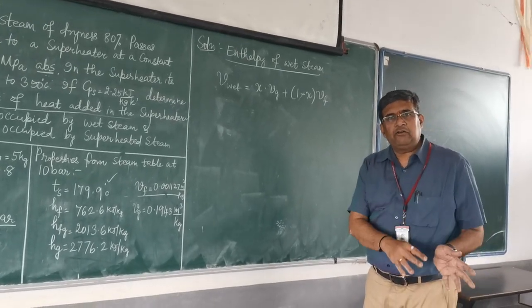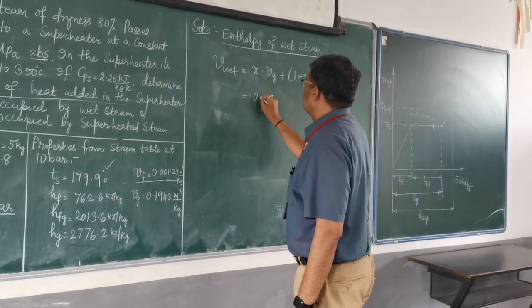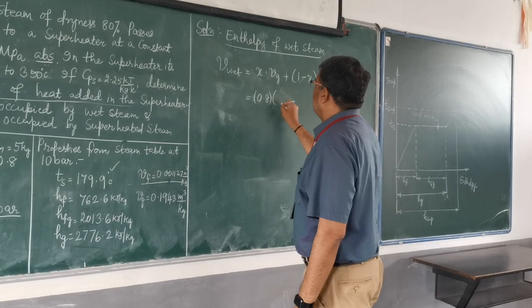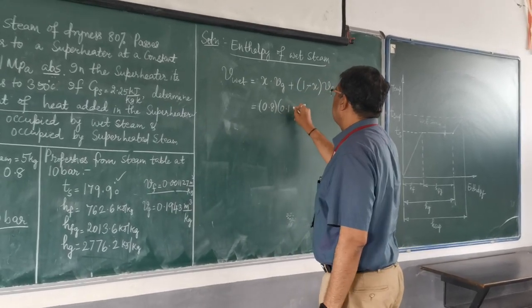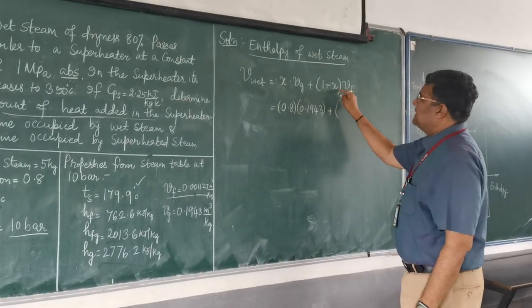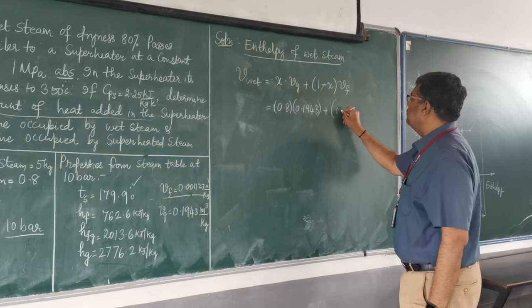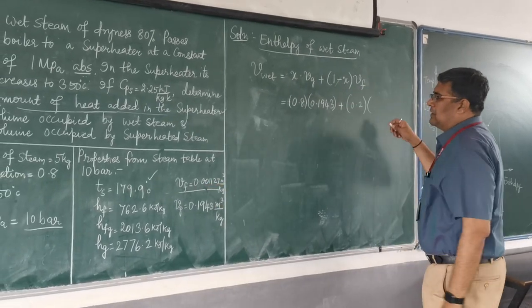Then once we find out the specific volume, we will find out the total volume. So X into Vg means what? This is 0.8. And how much is Vg? 0.1943. 0.1943 plus 1 minus X, which is 1 minus 0.8, that is 0.2, into Vf, which is 0.001127.